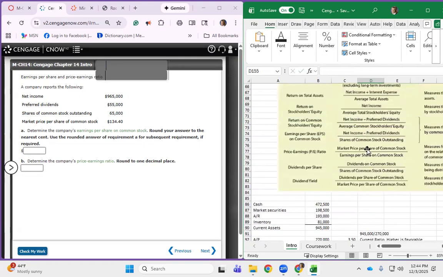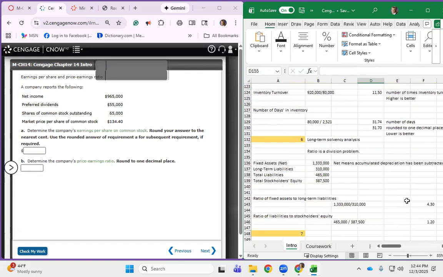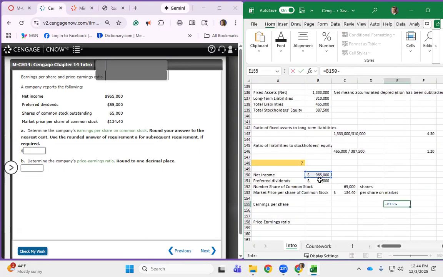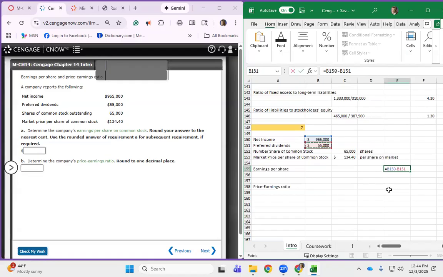Earnings per share. It says net income, we're going to subtract any preferred dividends for our numerator, and then we're going to divide by the number of shares outstanding. So this is going to be a dollar value. We take our net income and subtract the dividends that we sent out to preferred shareholders, put that in parentheses, and then divide by the number of common shares outstanding.